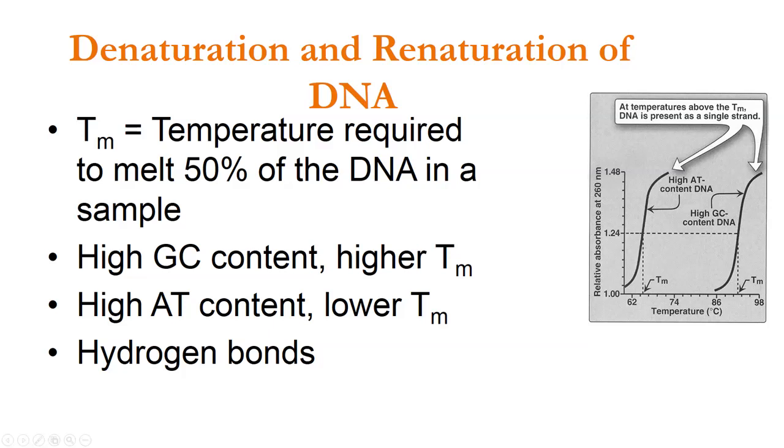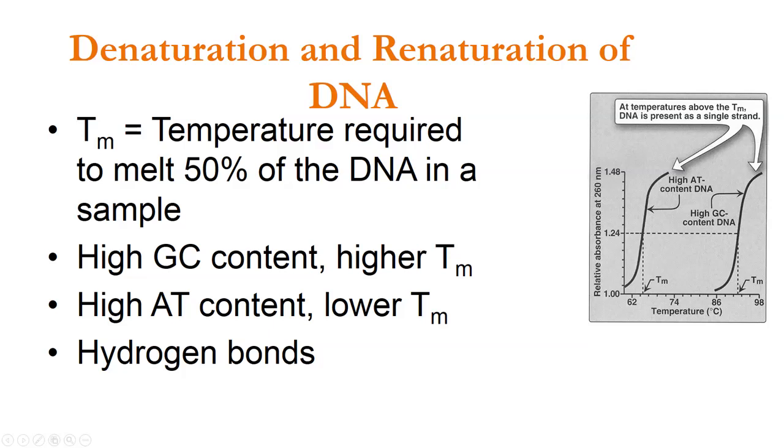Okay? So if you have a DNA sample with a high GC content, it's going to have a higher TM. Or conversely, if you have a DNA sample that's very high in AT base pairs, it's going to have a lower TM.